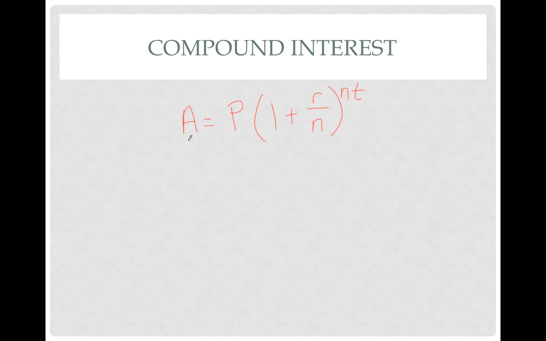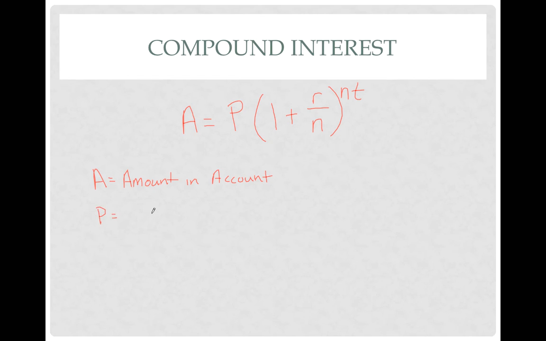Okay, A. I'm going to list all of what these things mean. A is your balance in your account. I usually say amount, so you guys know the word A. Amount in account. It's your balance. It's what your bank account actually says.